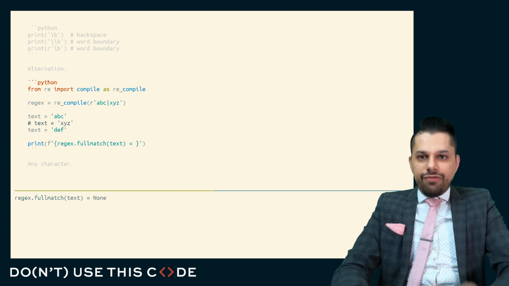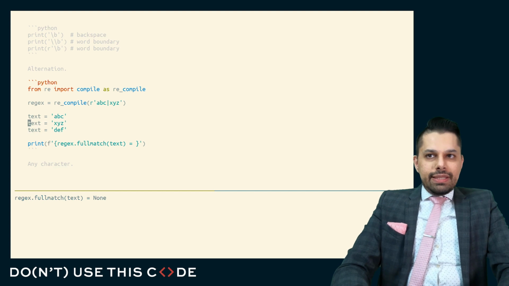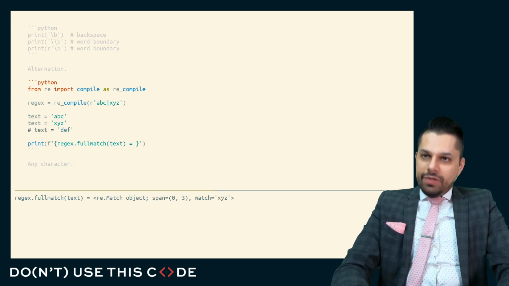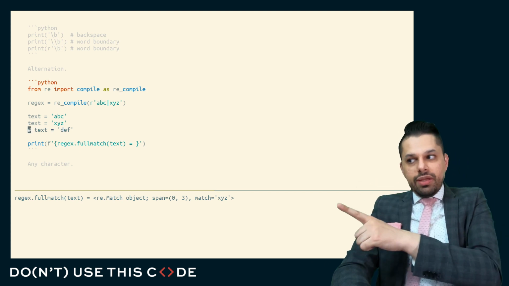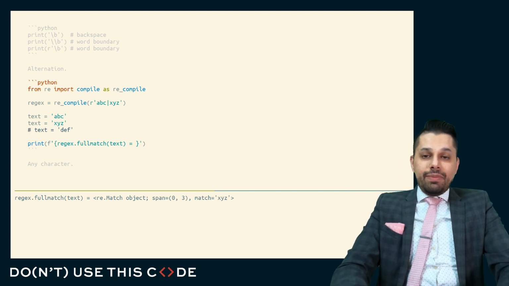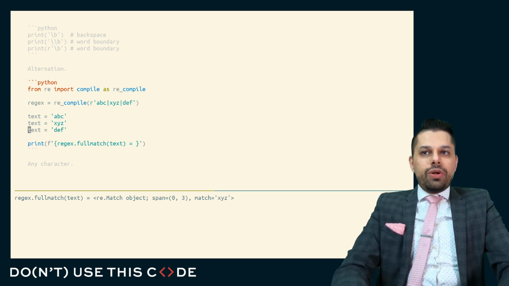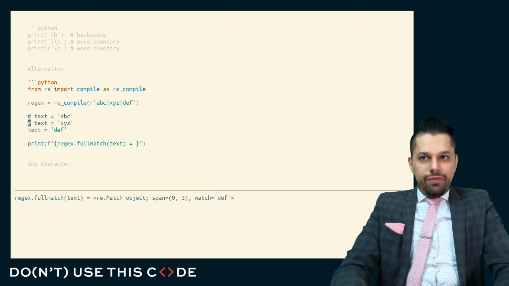It didn't match DEF. Great. Does it match XYZ? It matches XYZ. Simple alternation uses a pipe character. You put the two choices on the two sides of the pipe, and you're good to go. And if you wanted to, we could extend this further. We can do a triple alternation here, so it'll match ABC, XYZ, or DEF. It'll match any one of those.